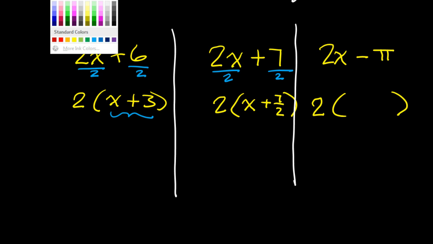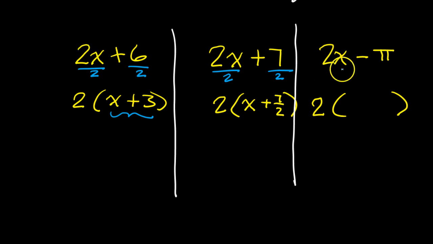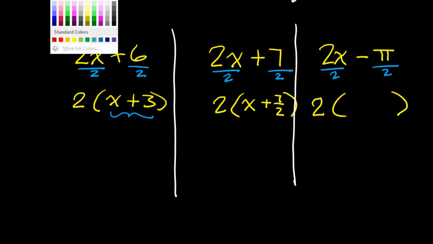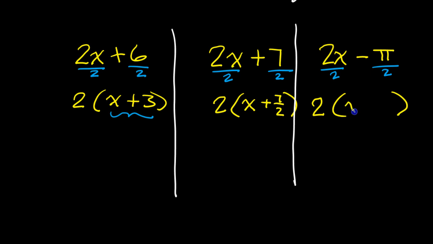As long as, just like I did on the previous 2 examples, I divide each of these by 2. So if I divide by 2 here and I divide by 2 here, what is that going to give me? So that is going to give me x minus pi over 2.